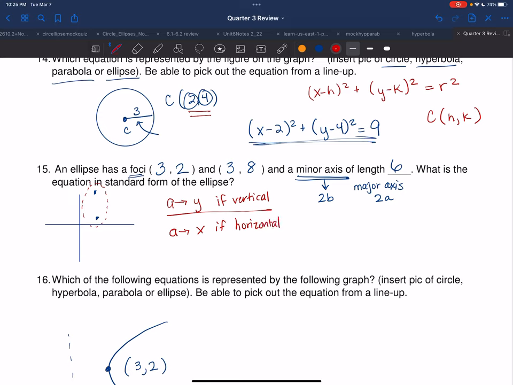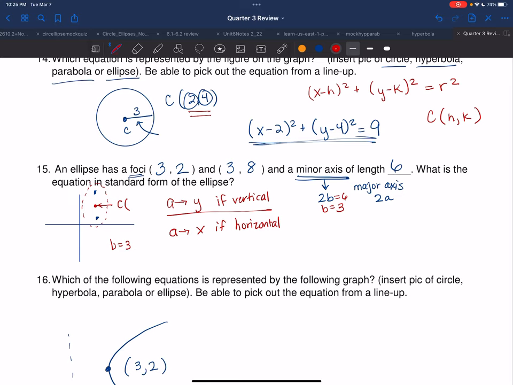Okay, so we know those pieces. All right, so let's take a look at what we have. If the minor axis is 2b, and 2b equals 6, that means that b is equal to 3. So I know that b is equal to 3. And then I can find what my focus is, okay? So right here is going to be my center.